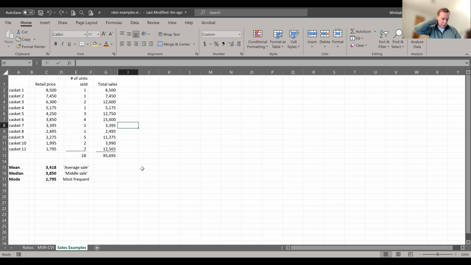There's a couple of screens that we'll go into the discussion about mean, median, and mode. Here, this is that price ladder that I talked about last week in column C. These are organized from the most expensive to the least expensive, so 8,500 down to 1,795. In this example, the number of units sold, we'll say this is in a given month.